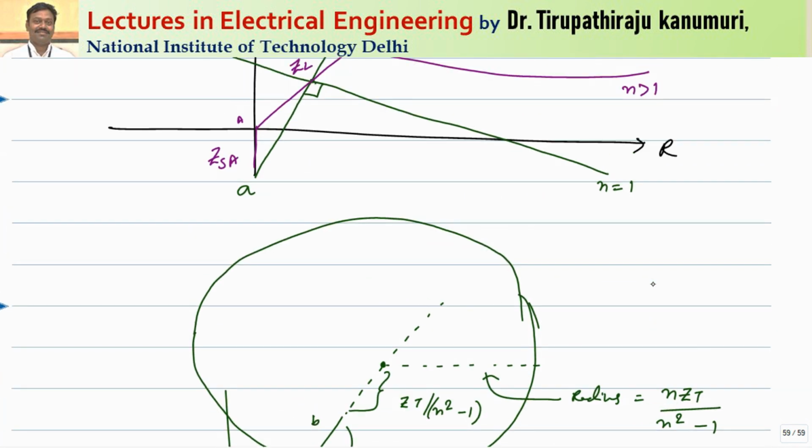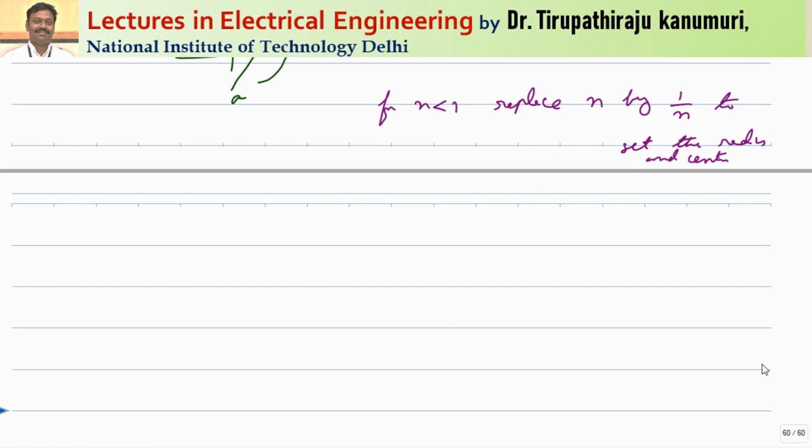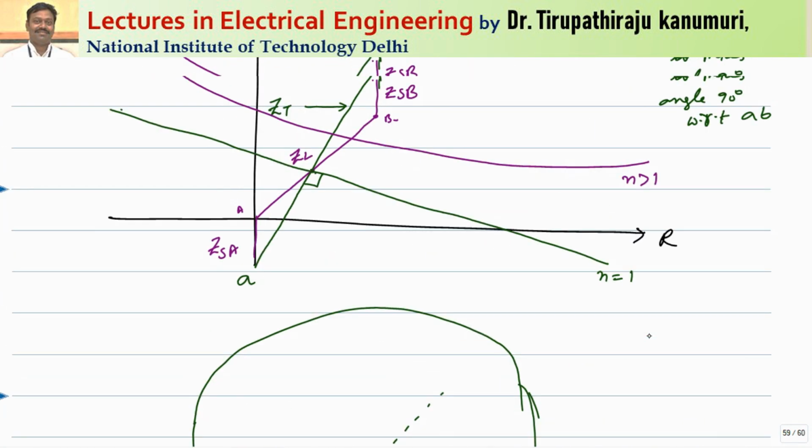So for the value n less than 1, what you have to do? For n less than 1, replace n by 1 by n in the above equations to get the radius and center from point A. From point A you have to take below, and accordingly you will get the center.